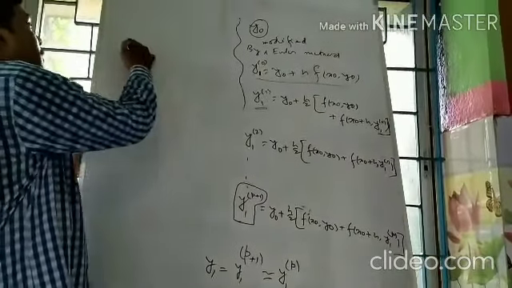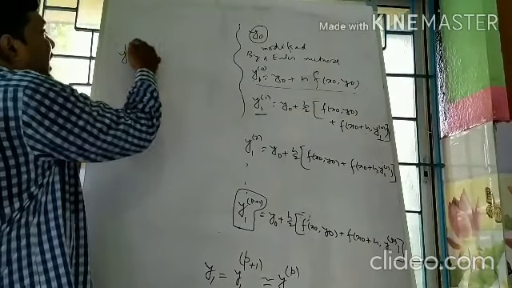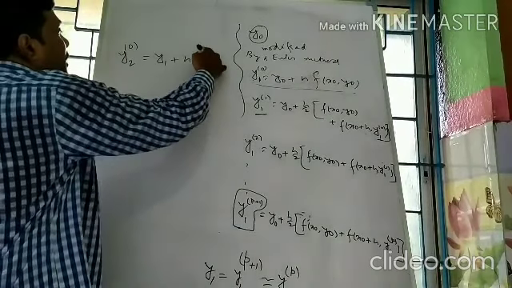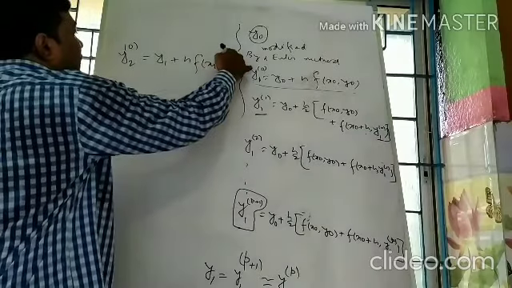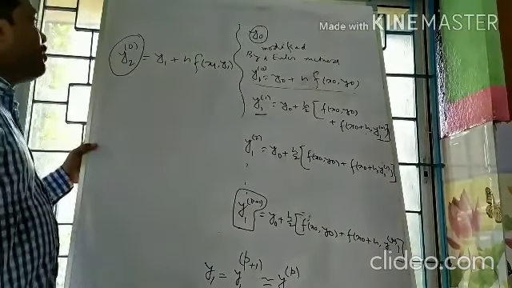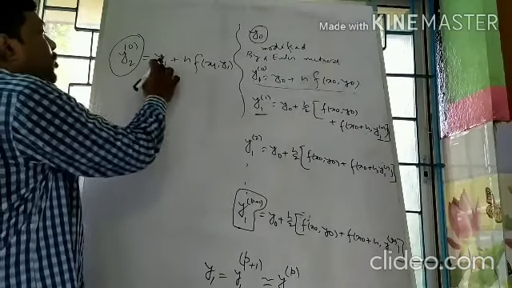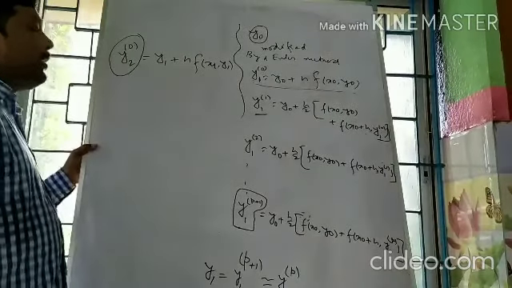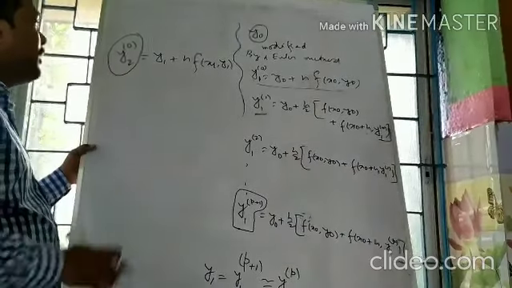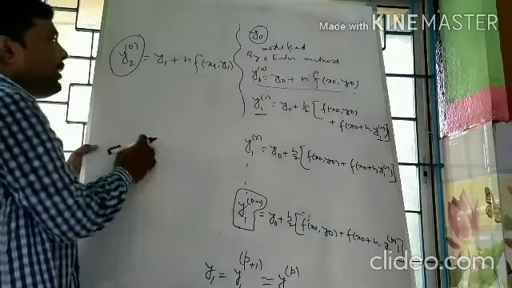Next, for calculating y2, first calculate the initial approximation of y2. y2(0) is y1 plus h f of x1, y1, by Euler method. So for modified Euler method, first find the initial approximation using Euler method, that is y2(0) equals y1 plus h f of x1, y1.